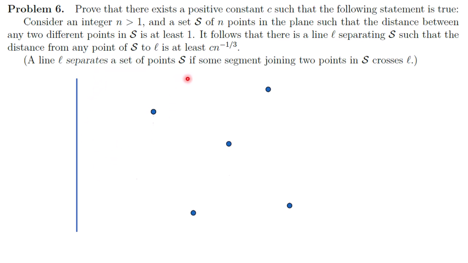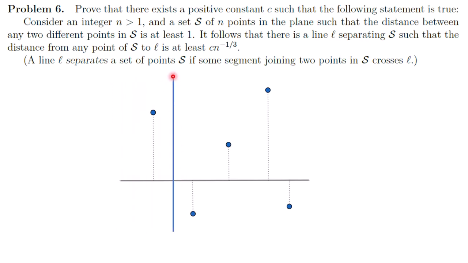Well, what you would want to do is first project the points onto some horizontal direction, and then look at the adjacent gaps, and see which gap has the largest length. So for example, the largest gap might be here, and this will be the optimal place to slot in the vertical line, because then the min point to line distance will be half of this gap. If you slot at a smaller gap, then the min point to line distance will be even smaller.